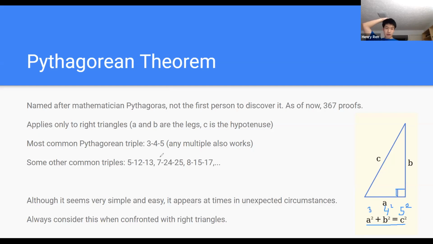Whenever you see a right triangle and they're talking about side lengths, the best thing to do is look for a case where you would apply the Pythagorean theorem. Even if they don't give you a right triangle, you can still create one by dropping what's called an altitude, but I'm going to talk about that later.